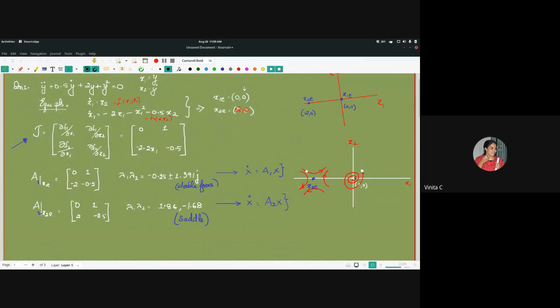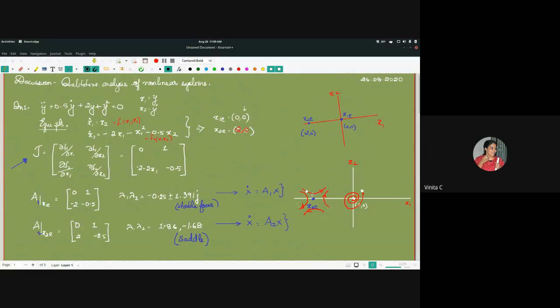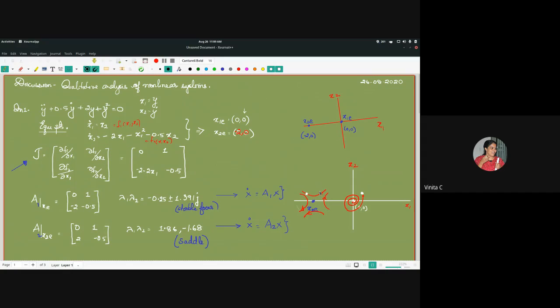These are the two equilibrium points here. What we want to stress here is this: if we have a non-linear system and we linearize it about the equilibrium points, the behavior of the system about the different equilibrium points will be different. So based on that, the system can be stable near one equilibrium point and unstable near the other equilibrium point. If we know how to draw the phase portraits in the neighborhood of each equilibrium point, then in general we can approximately draw the shape of the phase portrait, the behavior of the system, without using the isocline method.